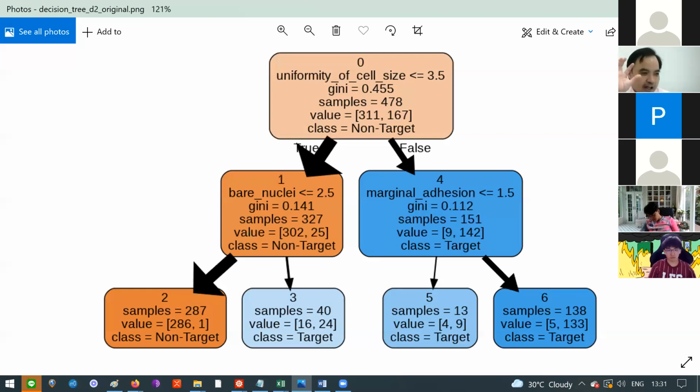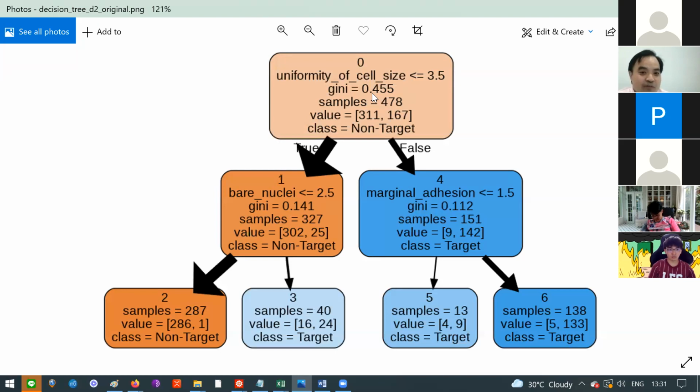If there's only one class, either all cancer or no cancer, only one type, the number is 0. So basically, as you're going down this partitioning, you want to decrease Gini. That's the name of the game.